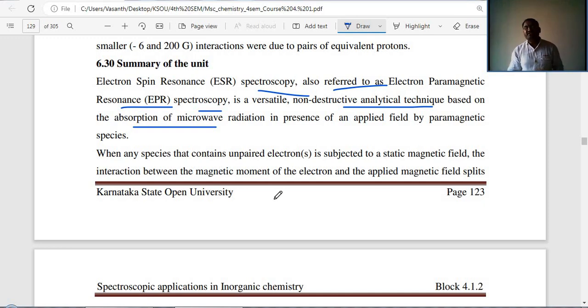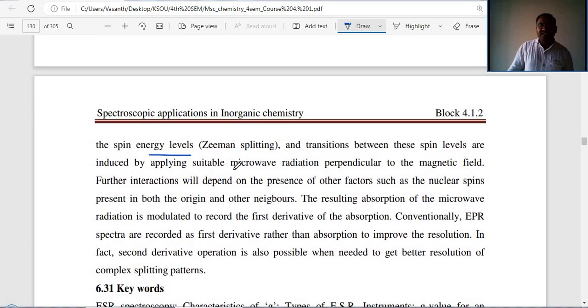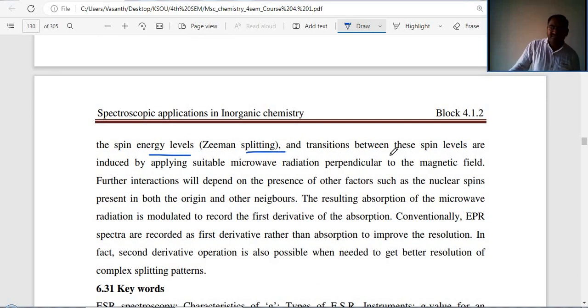When any species that contains an unpaired electron is subjected to a static magnetic field, the interaction between the magnetic moment of the electron and the applied magnetic field splits the spin energy levels, the Zeeman splitting. The transitions between the spin levels are induced by applying suitable microwave radiation perpendicular to the magnetic field.